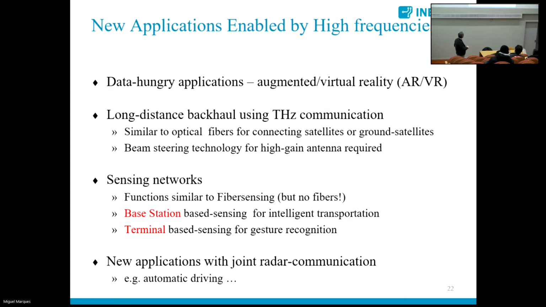And for instance, you can see how this can be put on cars. If we put this equipment on top of cars, communications between cars using these antennas to see what is around can be done. There are people saying that by using only communication systems, we can avoid sensors.